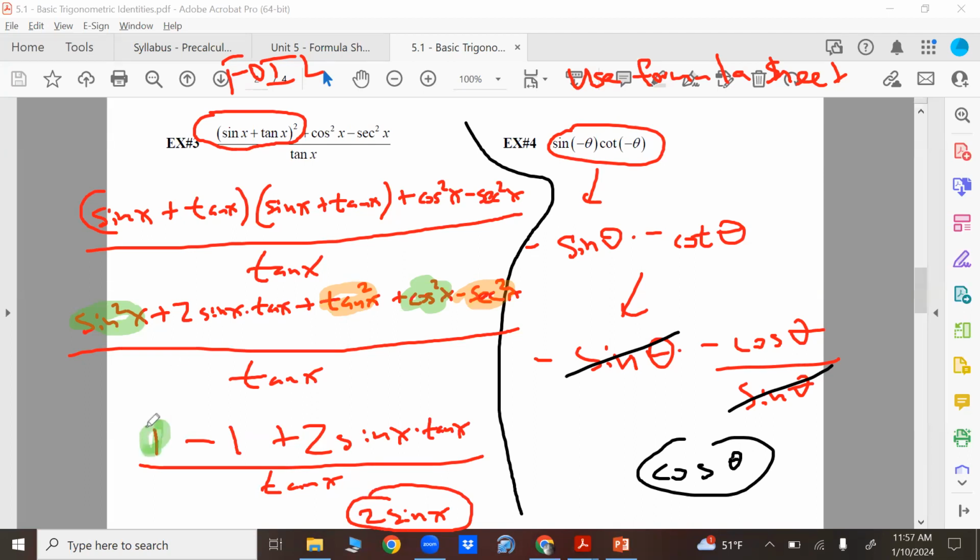Okay, so first we have a sine. We have a sine squared. Sine squared, cosine. This is almost. No. So, oh, you have another cosine.